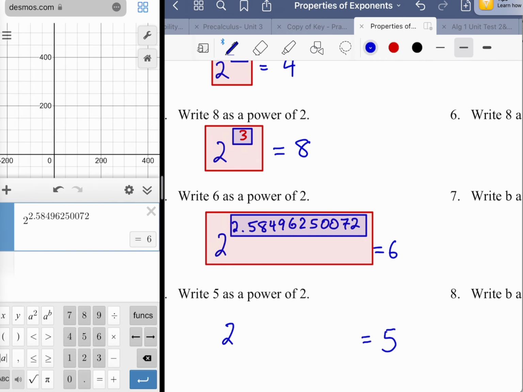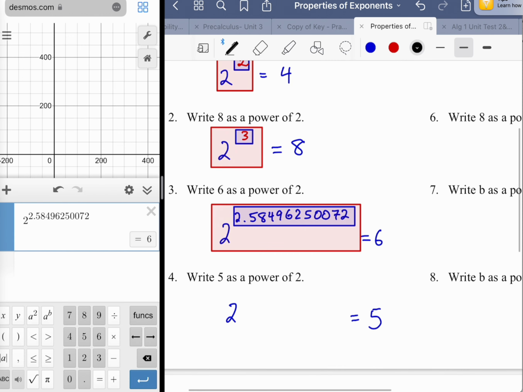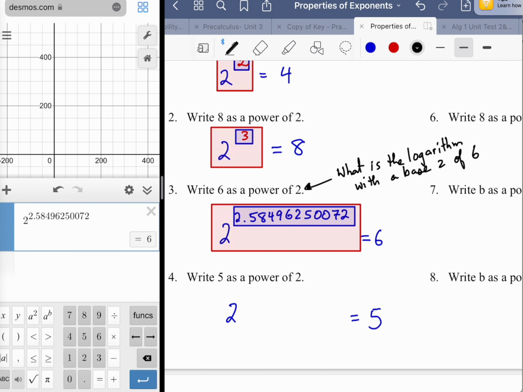So what's happening here is when I say write 6 as a power of 2, I'm saying, what is the logarithm with a base 2 of 6?